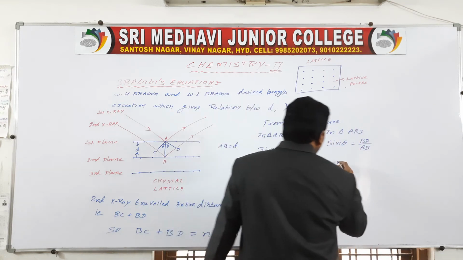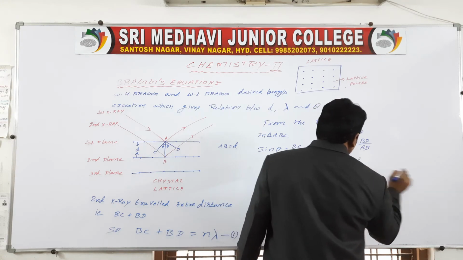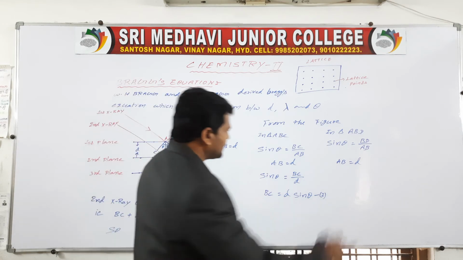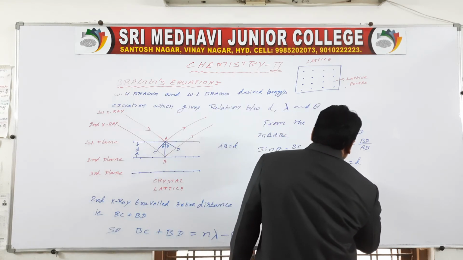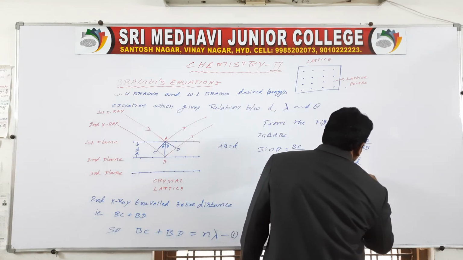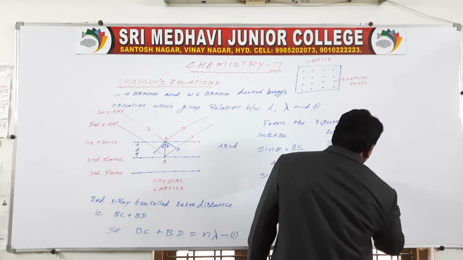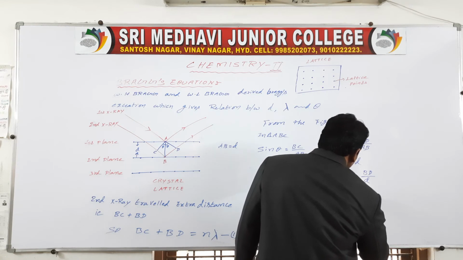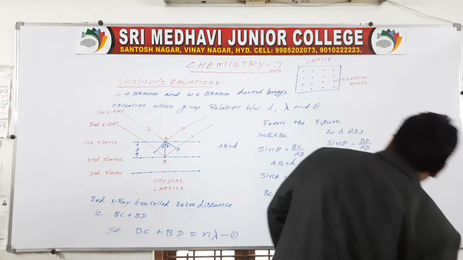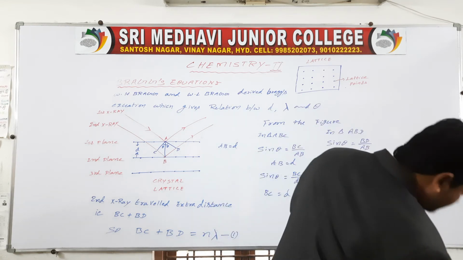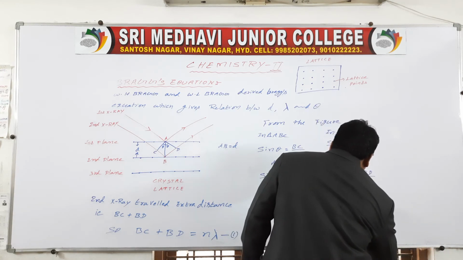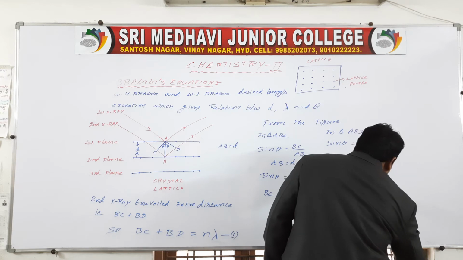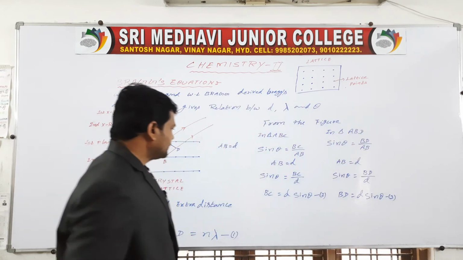Then AB equals D, you know, the distance between the two planes. Then sin theta equals BD by D. Then BD equals D sin theta. This is equation 3.